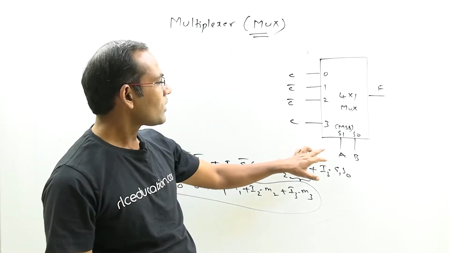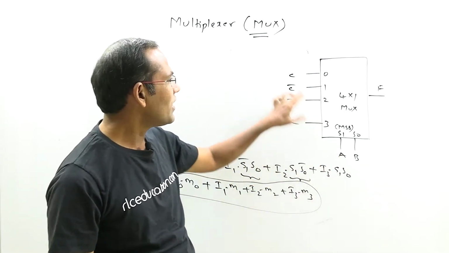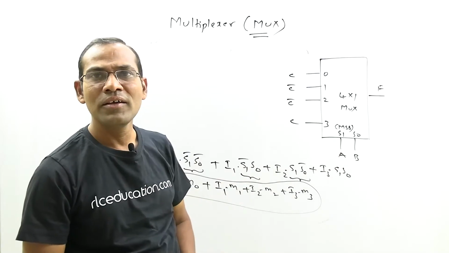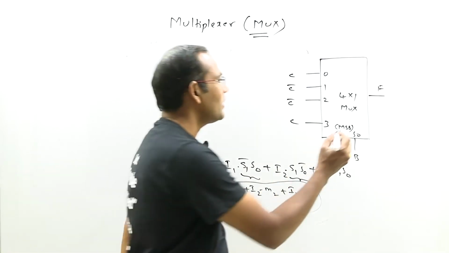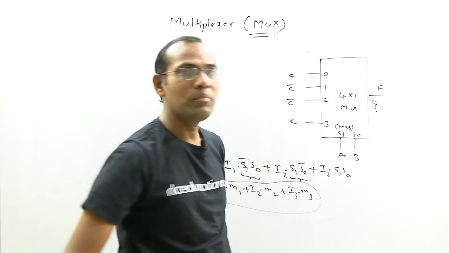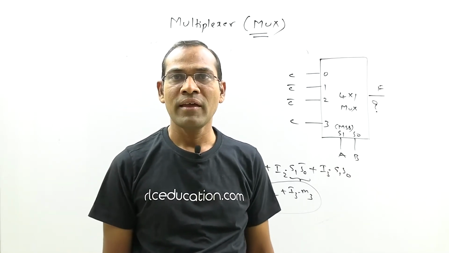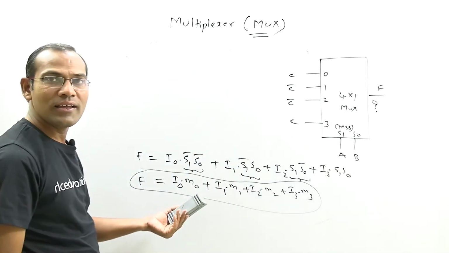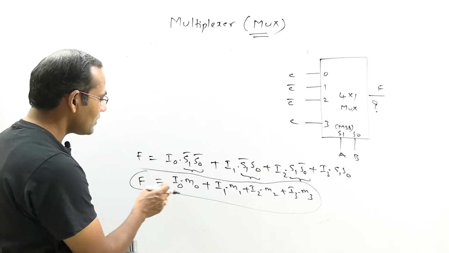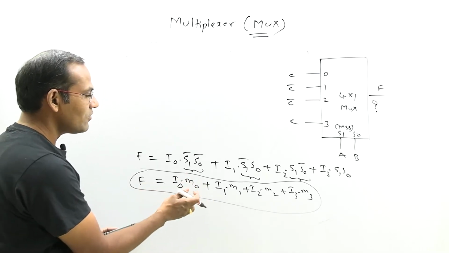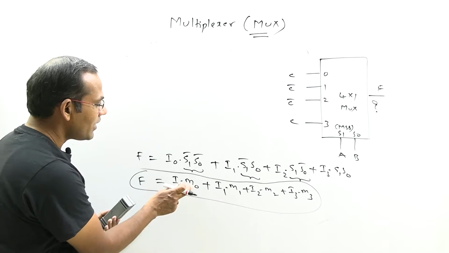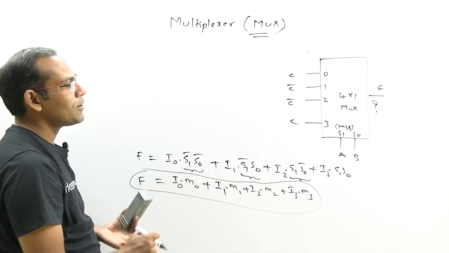Suppose the selection terminals are AB and the inputs are given in this manner. Now I want to identify the MUX output expression. Just use this simple formula. Always the procedure is: first write the minterm and multiply with the input, that's all.